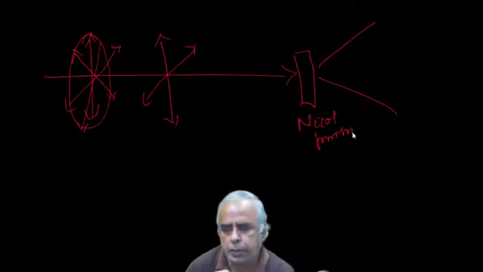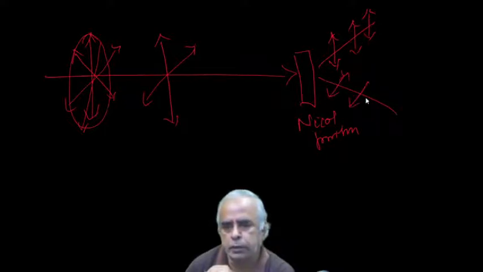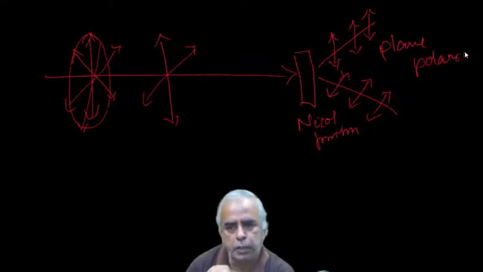It's a kind of prism that can split normal light into plane polarized light. So the vertically vibrating light will be separated from the horizontally vibrating light like this. And these two sets can be called plane polarized light.